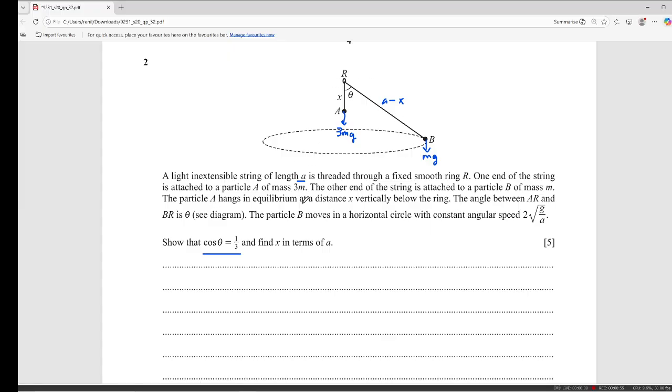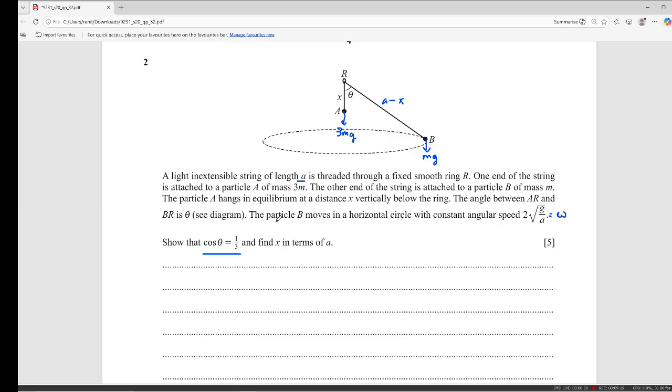Particle B moves in a horizontal circle with a constant angular speed 2 root g by a. I'm not going to label that, but I will denote that as omega. This is angular velocity or angular speed, it doesn't matter. Show that cos theta equals 1 by 3.